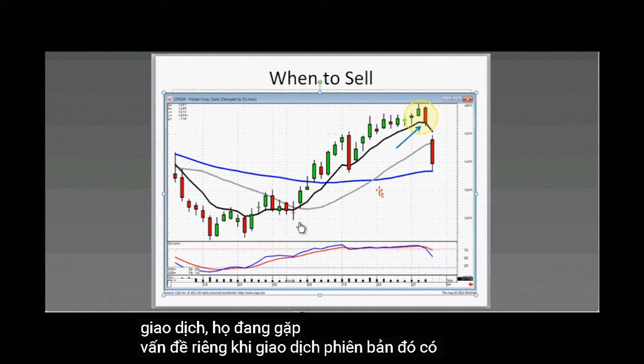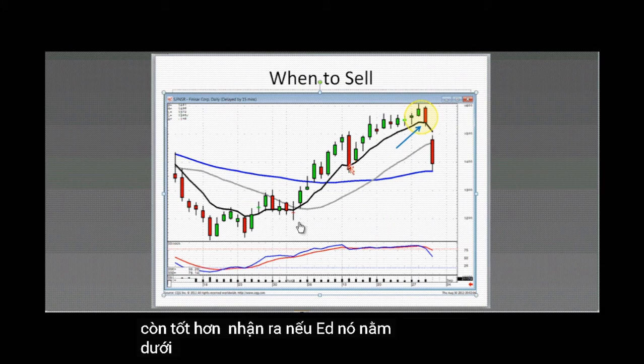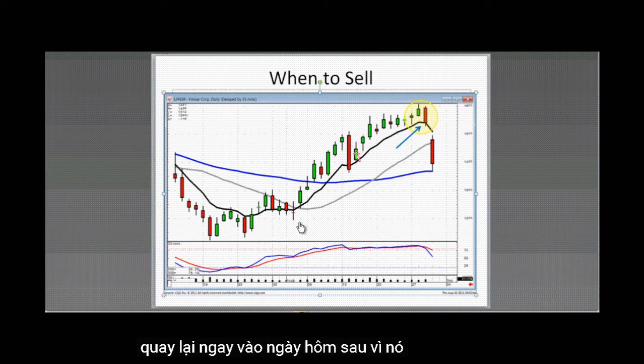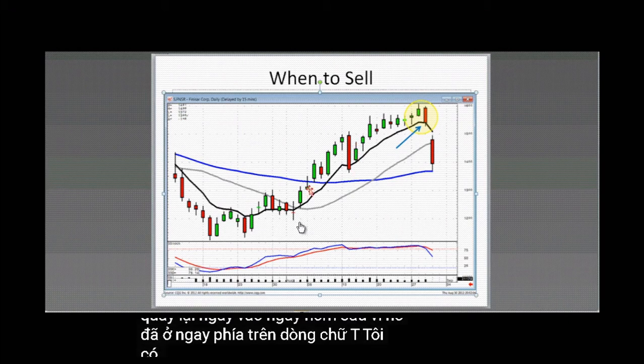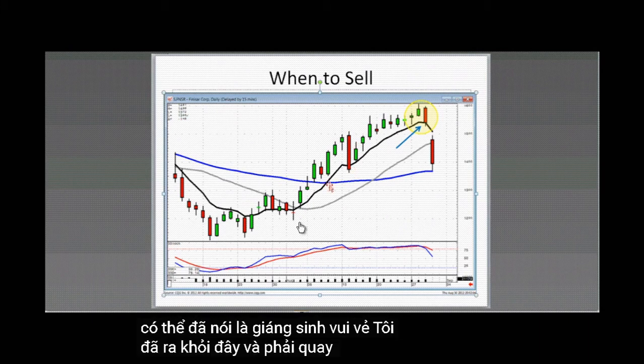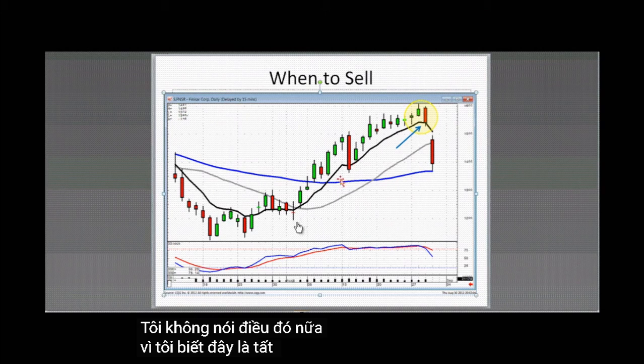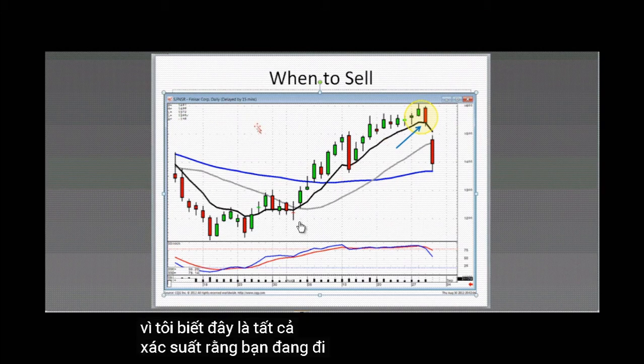That version could have been a reason to get out if it was below the T-line. If I'd gotten out, I would have been right back in the next day because it was right back up above the T-line. I might have said, dang, Jiminy Christmas, I got out here and I had to get back in here. I don't say that anymore because I know this is all part of the probabilities that you're in the right direction.